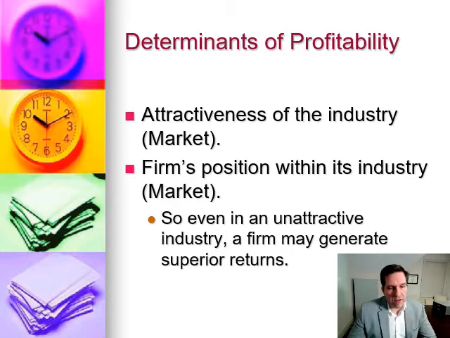So for example, last year, 2020, if you happened to be in the market making personal protective equipment, and that's an industry that you had been in in the past, suddenly, with probably no actions on your own, you became a lot more profitable than you were in 2019. The reason is that the industry overall became a lot more attractive.